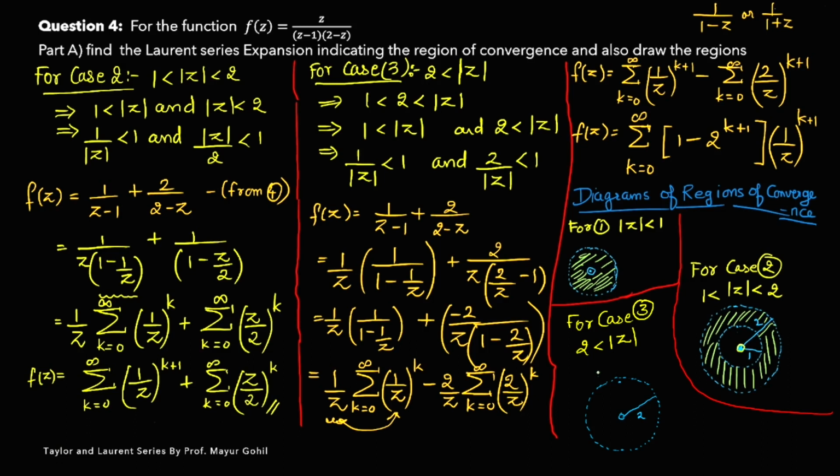It is the exterior that is to be shaded, the region where |z| is greater than 2.